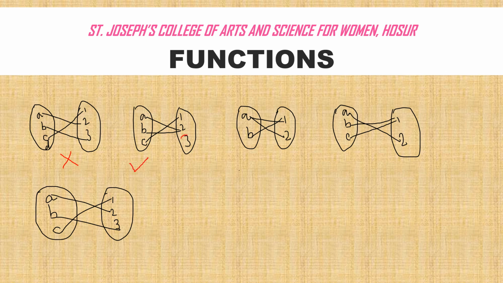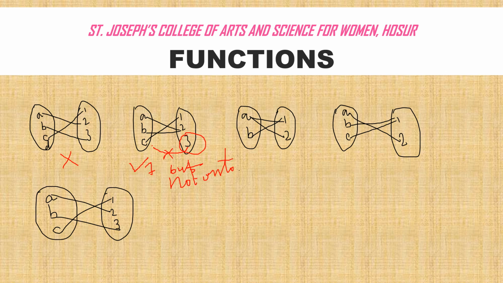But now check here, in the range one element is not mapped. In the previous slide I explained that for an onto function we need to check the elements from the codomain. So for this codomain, for the element 3, there is no mapping. So this is a function but not onto.